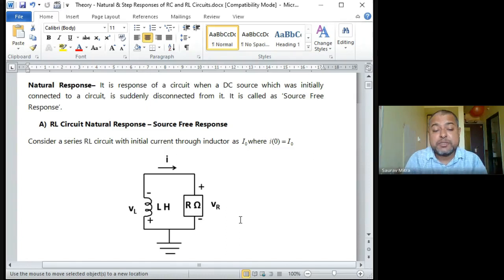What is meant by natural response? Natural means that there is no input connected externally. To run the system, initially you have to connect the supply and charge it, and after you have charged it, remove the supply and see naturally how the response of the circuit decays and comes to zero. Now is it understood?